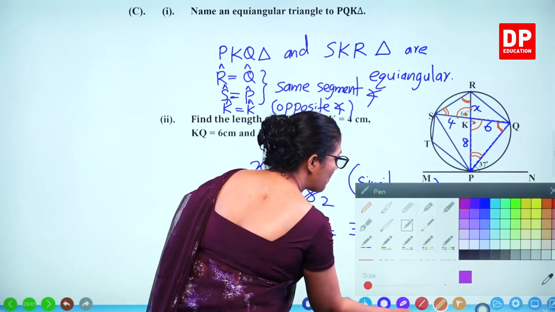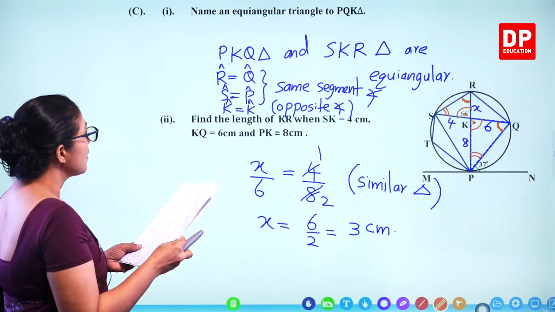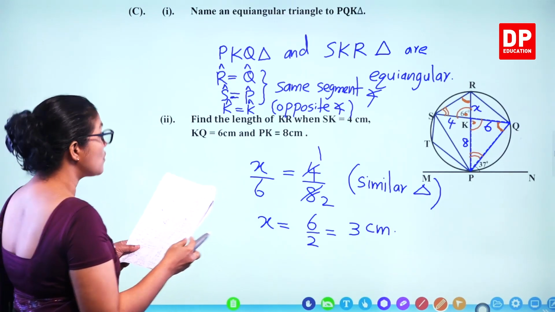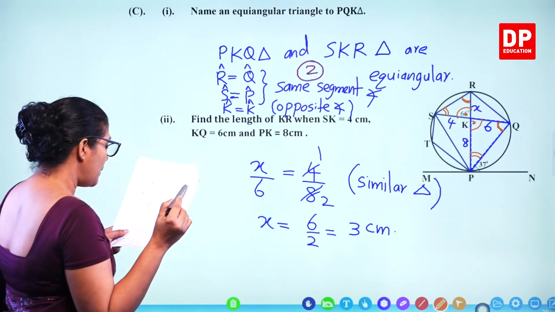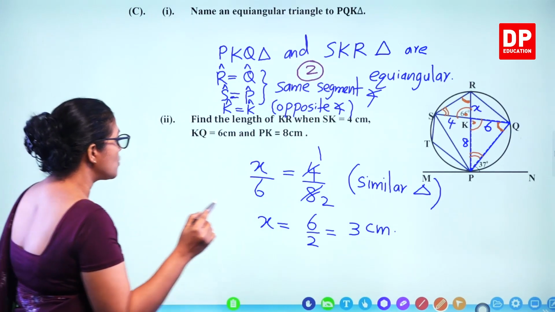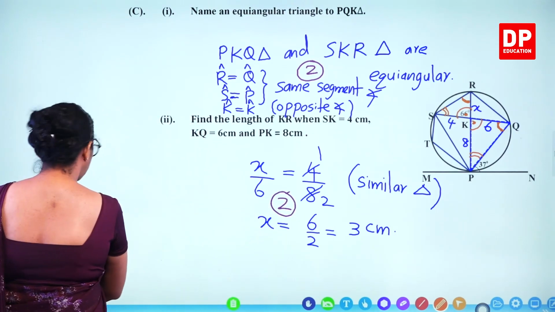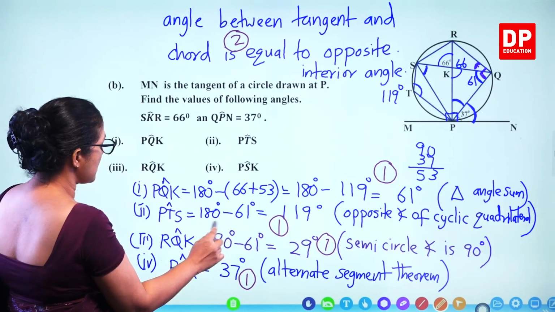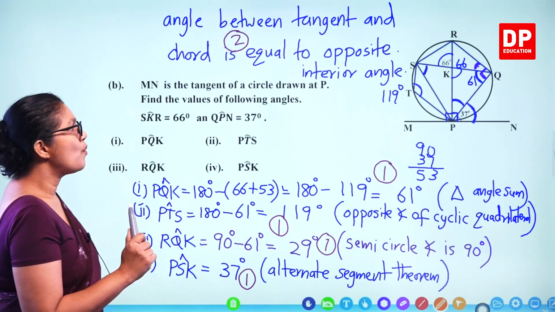So we'll see how many marks for that. According to the marking scheme, SRK or this one, you get 2 marks, and x equals 3 centimeters, 2 marks. So 2 and 2, 4, 5, 6, 7, 8, 9, 10. So 10 marks given for the whole question.